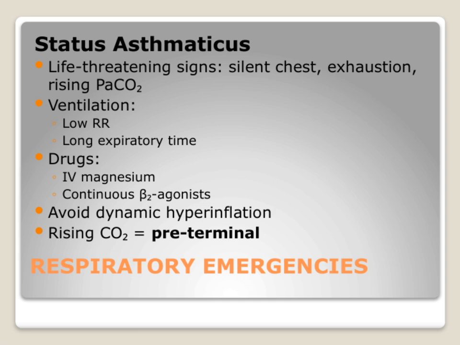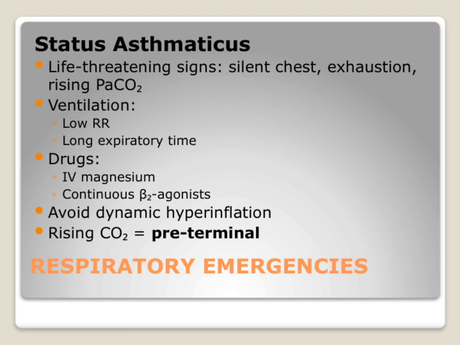When it comes to management, IV magnesium is an important drug because it acts as a bronchodilator and can help relax airway smooth muscle. Continuous beta-2 agonists are also crucial. They provide ongoing bronchodilation to relieve airway constriction. It's essential to avoid dynamic hyperinflation during treatment, as overinflation can worsen respiratory failure.